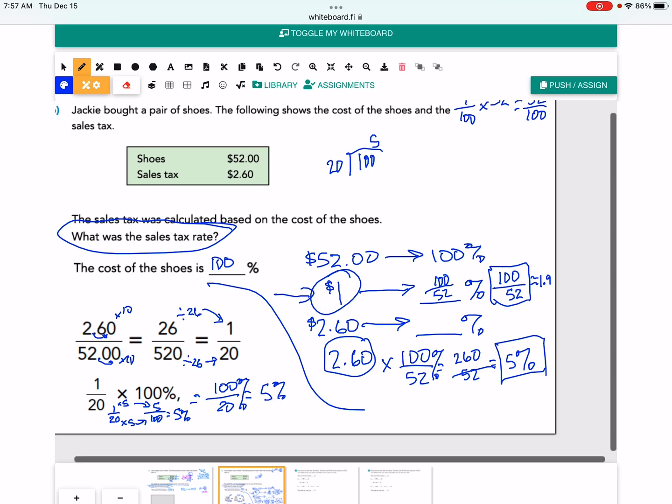Or you can set up your fraction right here and then simplify it down. And if your simplified fraction is friendly to 100, then you're able to figure out either by multiplying by 100% and dividing, or by turning your fraction into a denominator of 100 and figuring out what the percentage is that way. All three ways are perfectly valid for solving these problems, and you can choose whichever one you think is best.